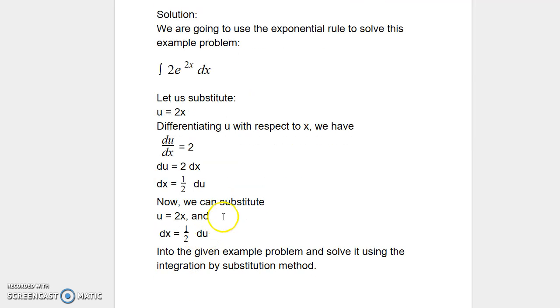Now wherever we see 2x we can substitute u, and wherever we see dx, we can write 1 over 2 du, into the given example problem and solve it using the rules of integration.